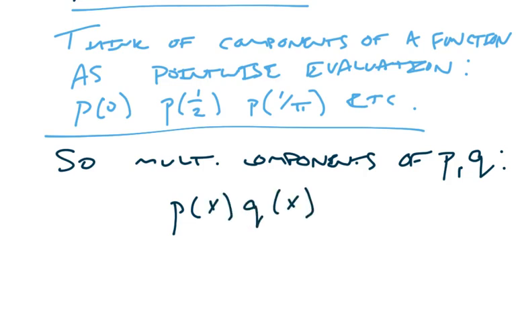Evaluate them both at whatever point x, and then multiply them together. And this is going to be true for any x in between 0 and 1. If we wanted to multiply every single component together, we would have to multiply two things infinitely many times. We have to evaluate P of 0 times Q of 0, and P of 1 times Q of 1, and P of 1/9 times Q of 1/9, and so on for infinitely many values.